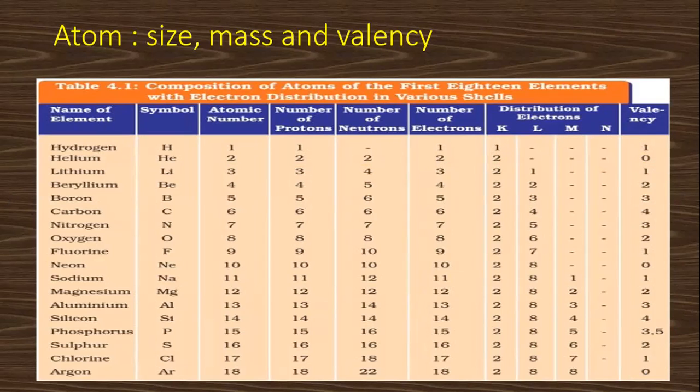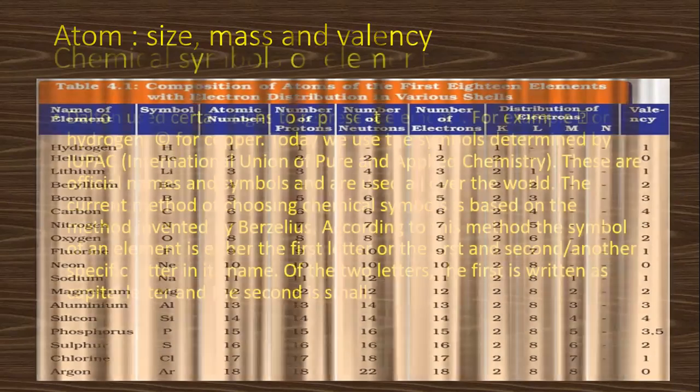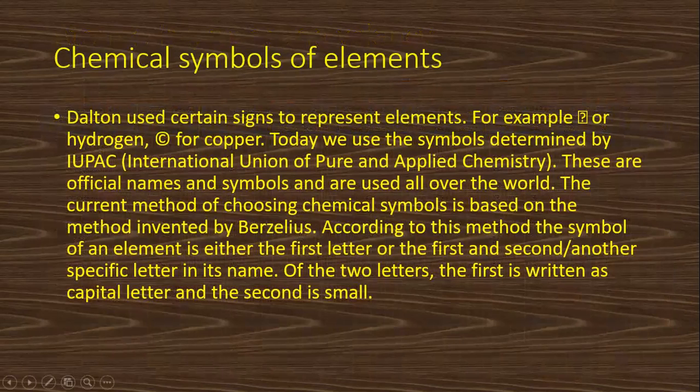Now the next part we can see: chemical symbols of elements. Dalton used a certain sign to represent each element. For example, for hydrogen he used H, and C for copper.